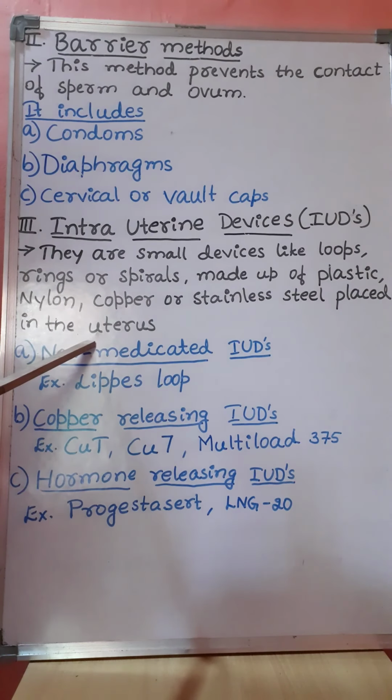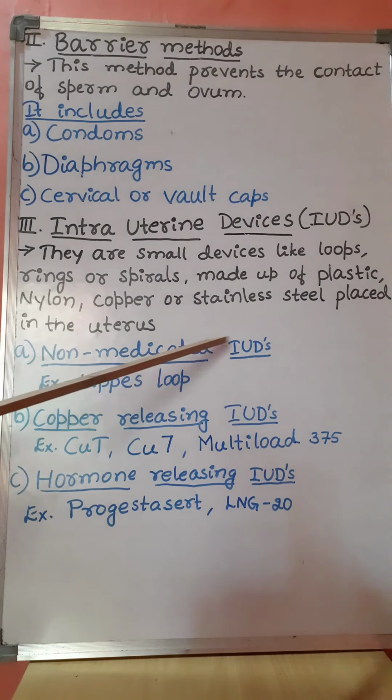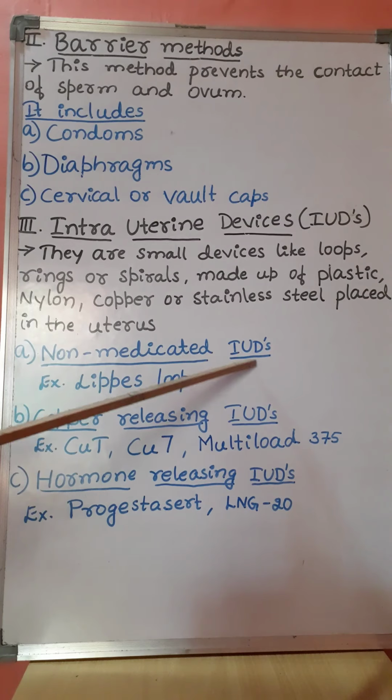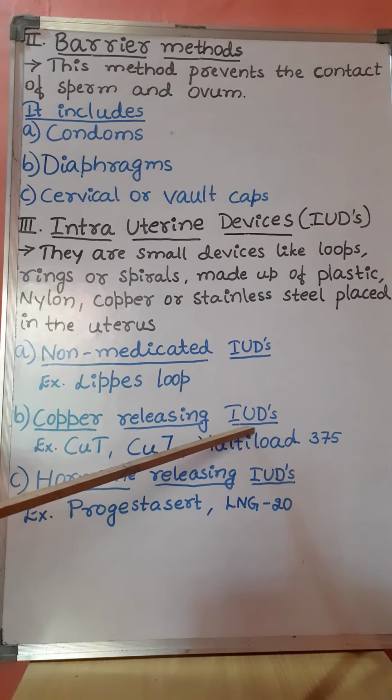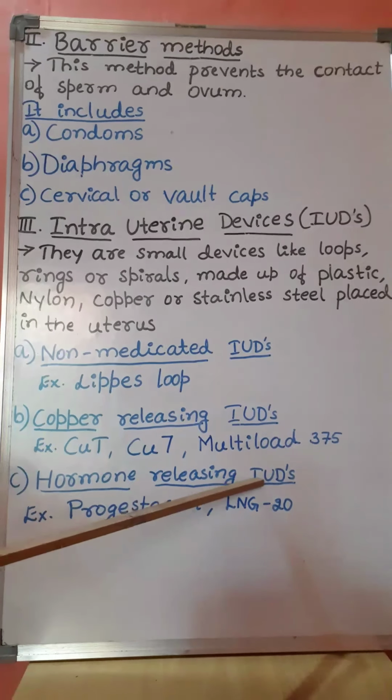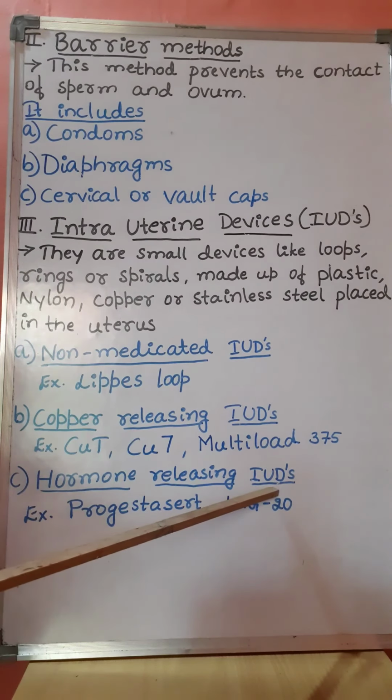Intrauterine devices include three different types: non-medicated intrauterine devices, copper releasing intrauterine devices, and hormone releasing intrauterine devices.